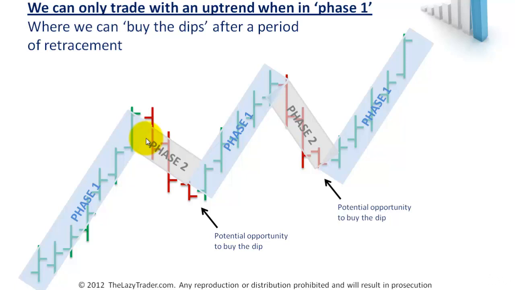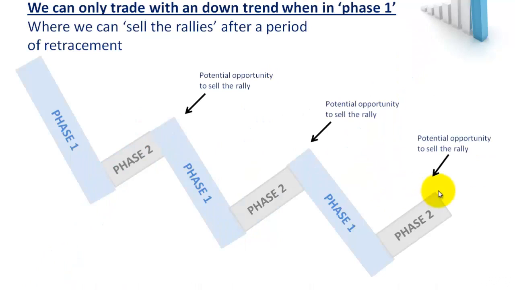We just want to sit back and watch phase 2 manifest itself until we go into phase 1 again, with the trend again. That's where we have the probability and the opportunity to potentially buy the dip. Then we get the retracement after a higher high is made to a higher low, and we do not trade this until phase 2 is over and we can buy the dip again in advance of phase 1, where we're with the trend once again.